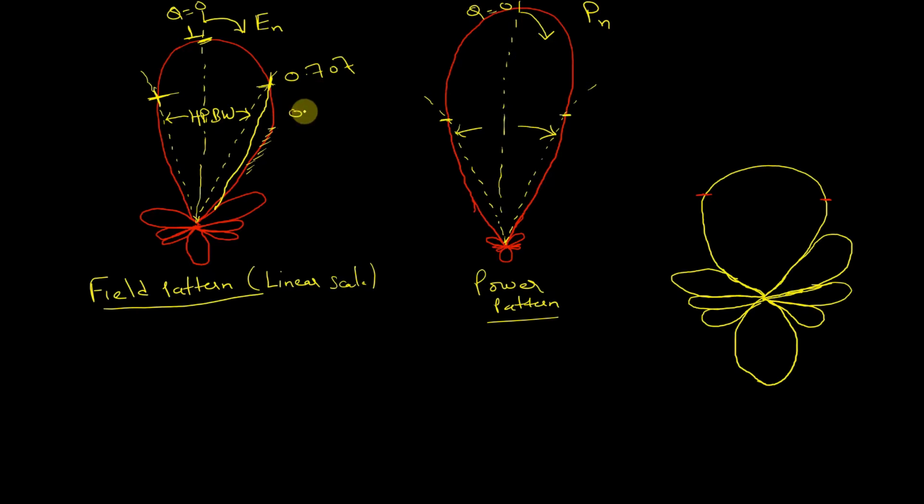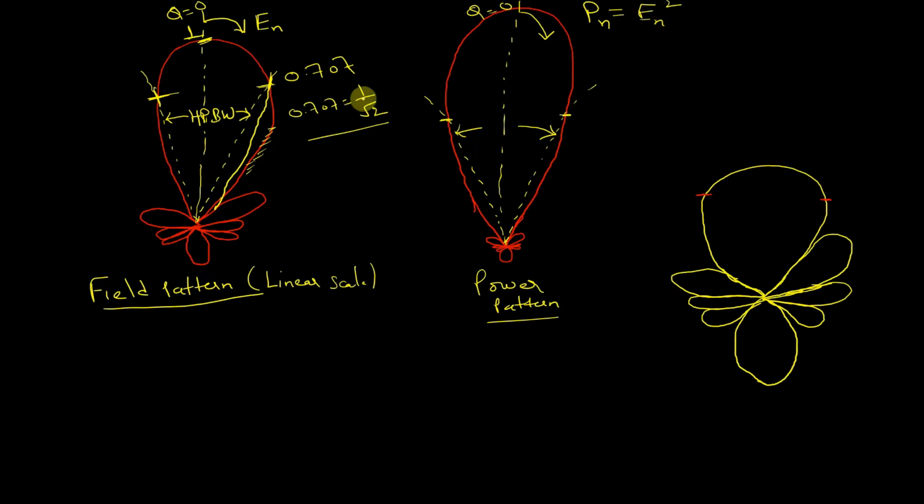This 0.707 is also equal to 1 by root 2. So it has been seen that the field pattern has maximum value here, so it is called half power beam width. Now if you plot it with respect to power, you know that power is En square.